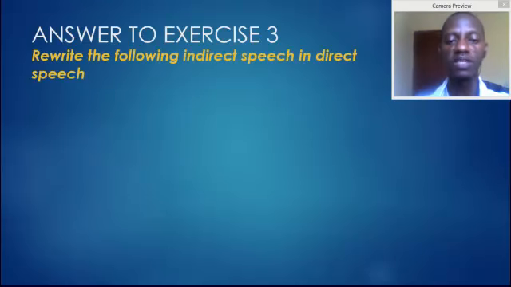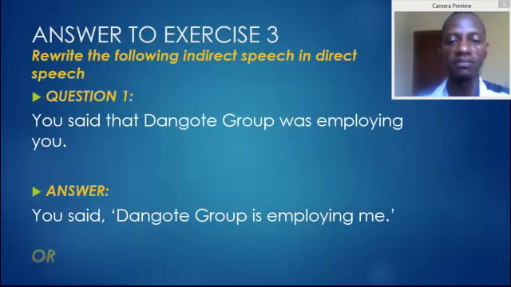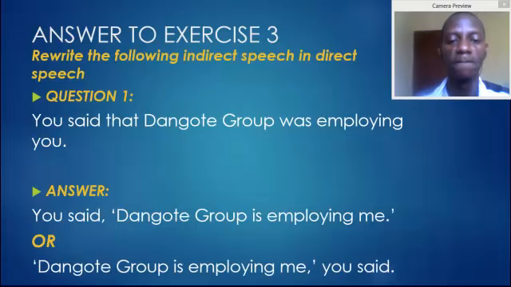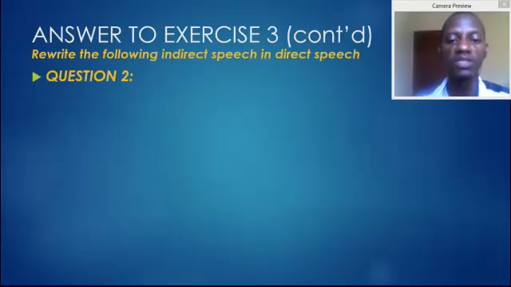Question 1. You said that Dangote Group was employing you. The answer is: "You said, Dangote Group is employing me," or "Dangote Group is employing me," you said. Okay? Number 2. The question is, she asked whether the secretary had called her cousin's name.